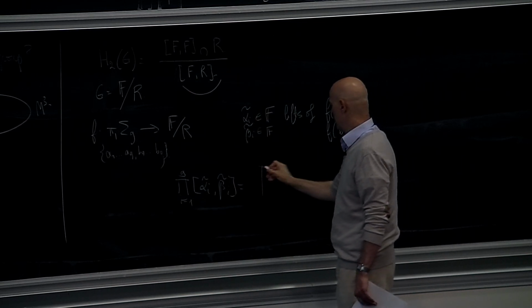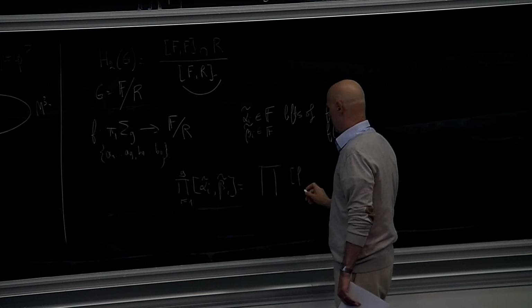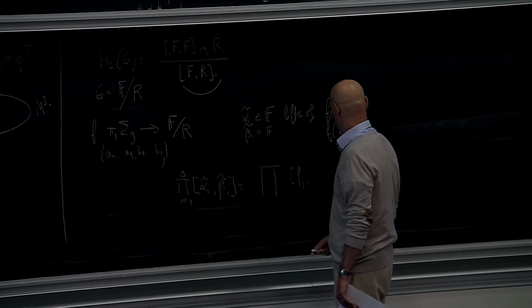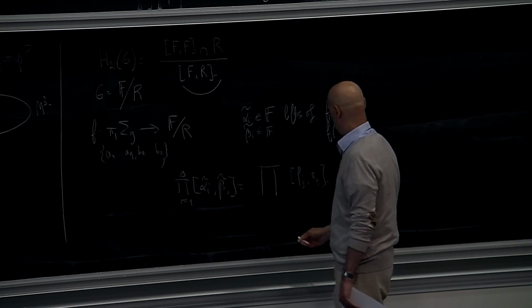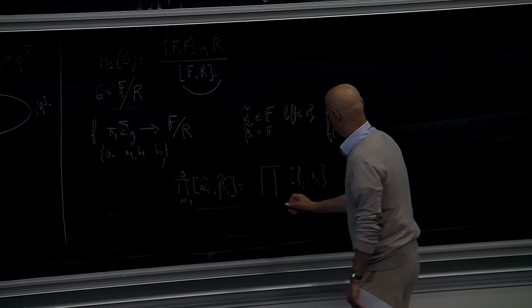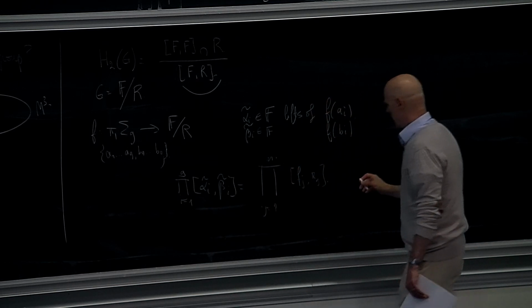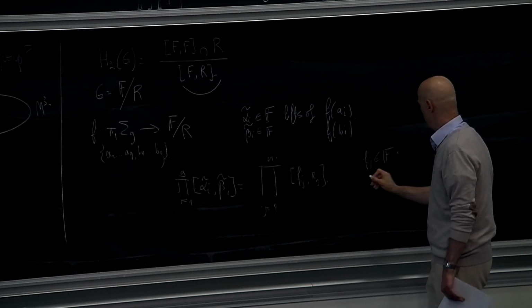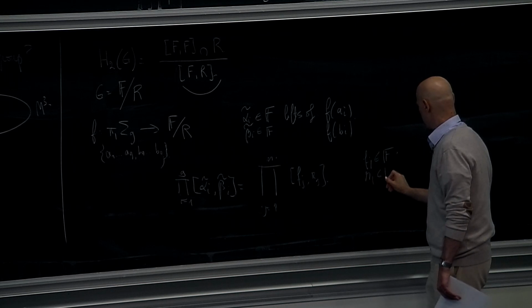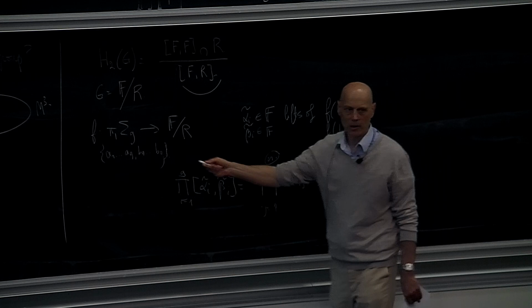So it should be written as a product of f j r j f j inverse, where j goes from 1 to N, and f j belongs to the free group, but r j belongs to R. Well, this is the same N as there.